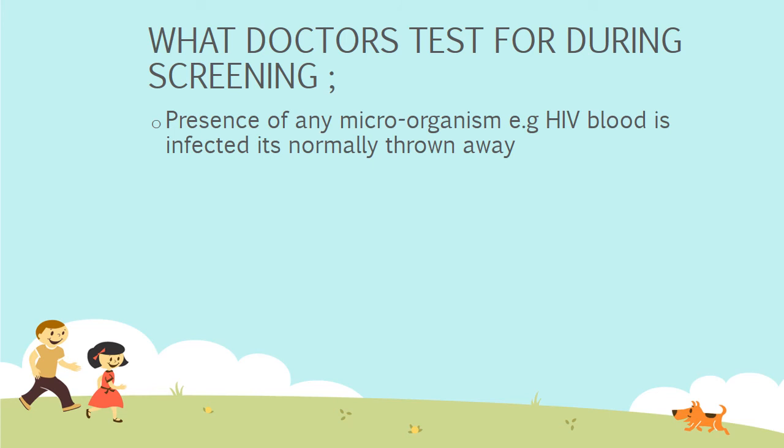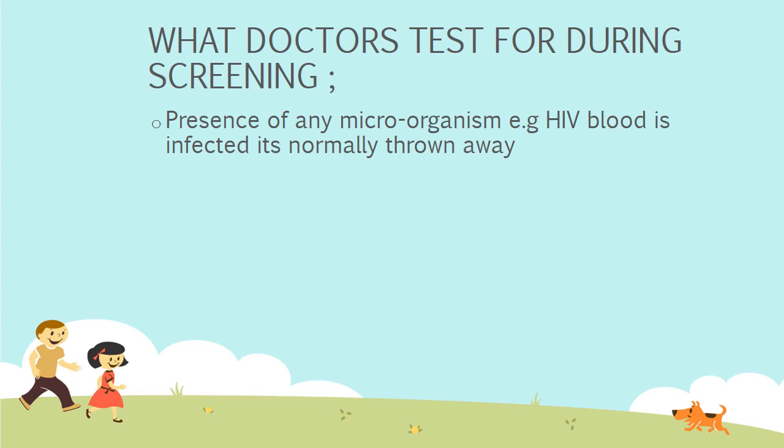Okay, what do doctors test for during screening? Before you donate blood, you'll be tested. You'll be tested for HIV or any other thing that may be harmful when that blood of yours is donated to somebody else. So let's check out what doctors usually test for during screening of your blood. They test for presence of any microorganisms, e.g. HIV.